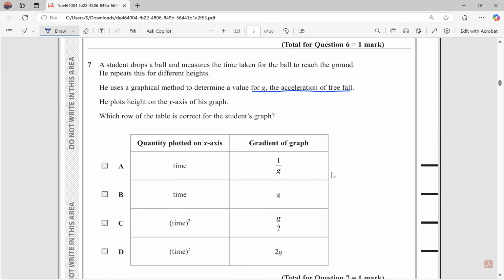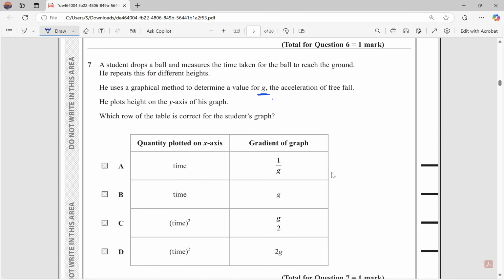Well, see, they mention that g is the acceleration of free fall. Why are they being so generous? Honestly speaking, if a student does not know what g is and they're sitting this exam, they need to rethink why they're sitting this exam, because g is something so common in physics.